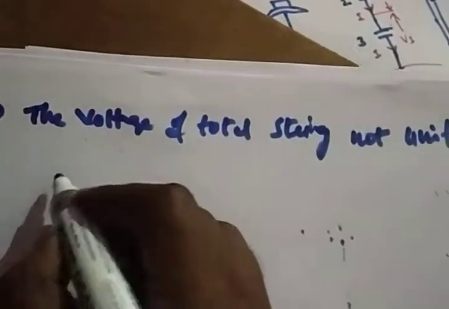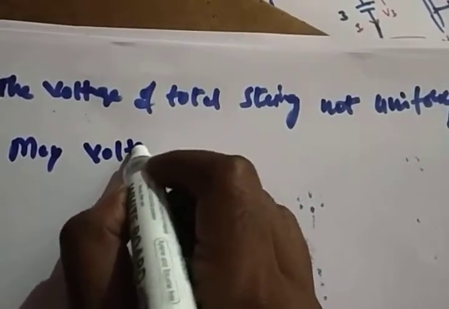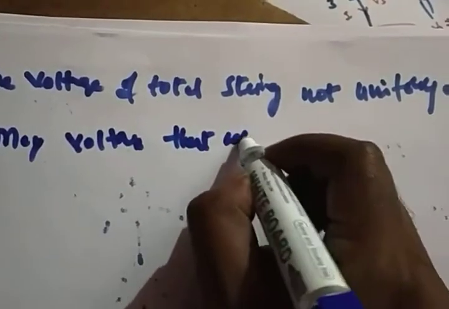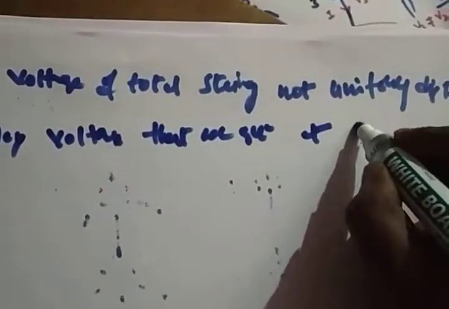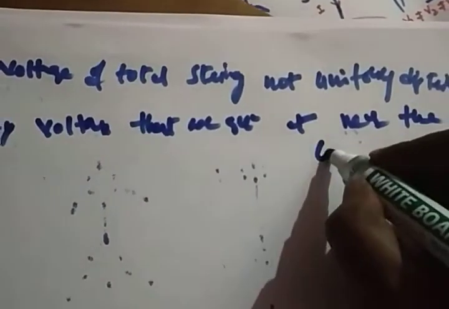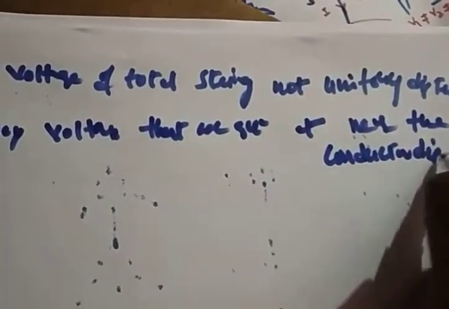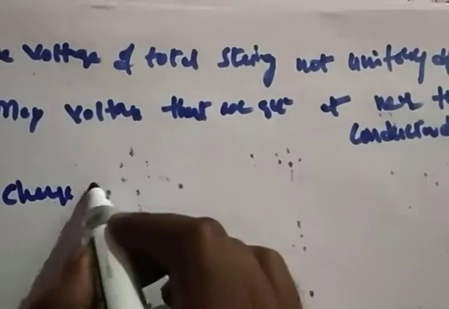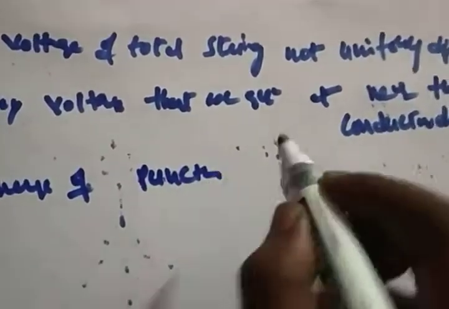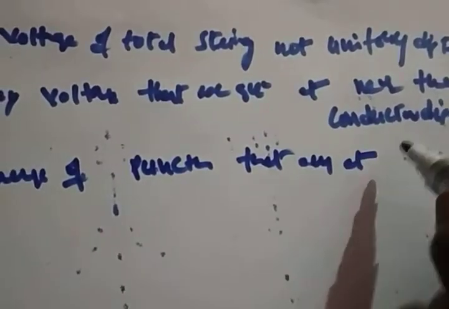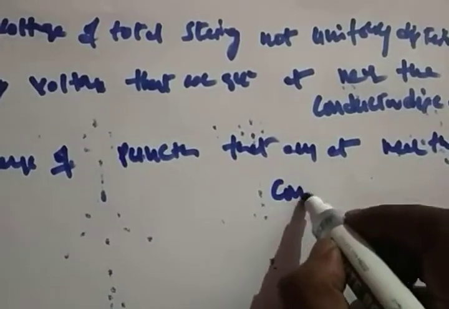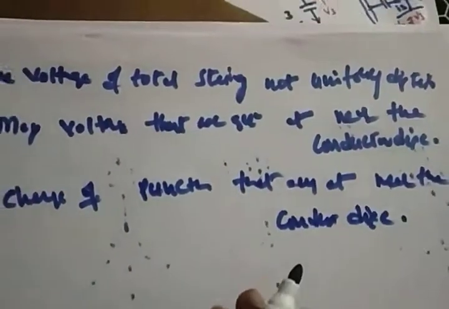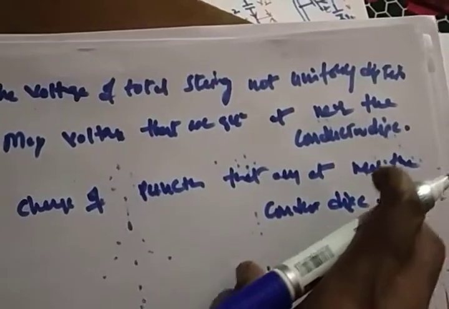The maximum voltage appears near the conductor disc, which has the maximum stress. So the chances of a puncture occurring are near the conductor disc.